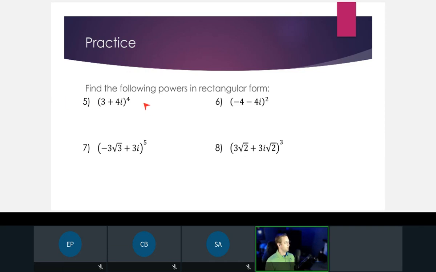But when you have a power of four, five, or even three, because you have to write it three times, or four times or five times, multiplying that out is a pain, and that's where the DeMoivre theorem comes into play. It makes it easier, but you first have to convert it from the rectangular complex form to the polar complex form.